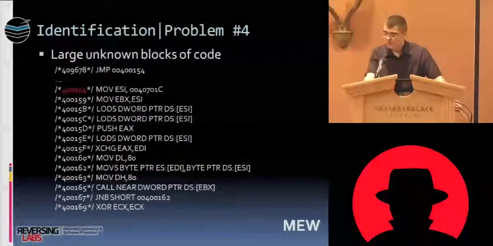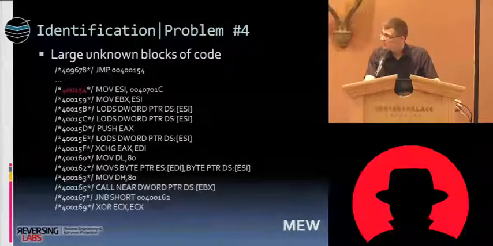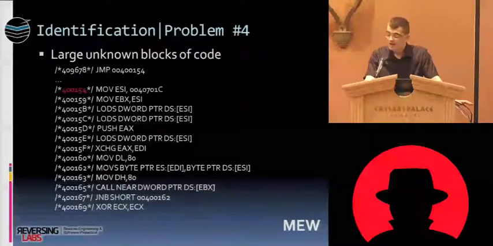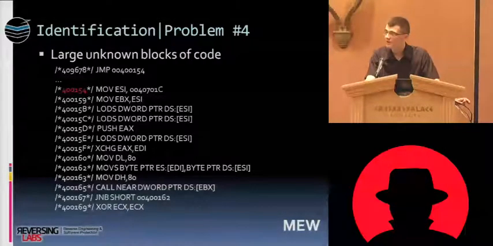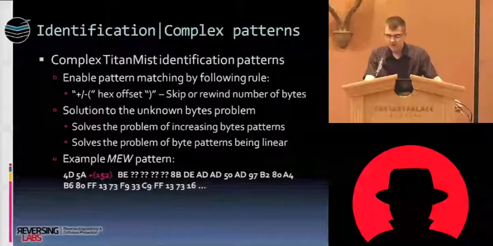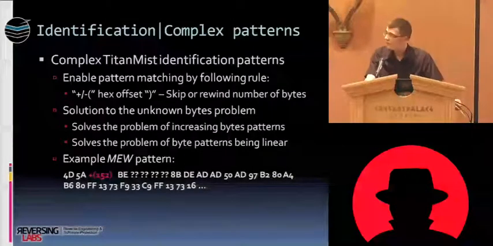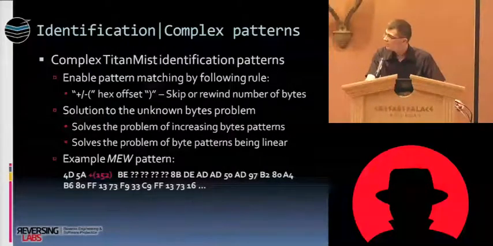Now another problem we saw is this example, MEW packer, and it has a jump at the entry point which leads to a specific location inside the portable executable header, and at the static address in the header you have the code, which is an entire stub for that particular packer. So what we did is we added the following complex pattern which enables you to jump-skip.